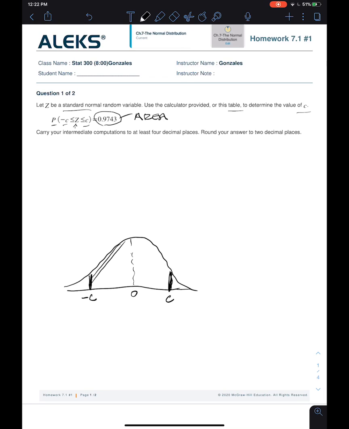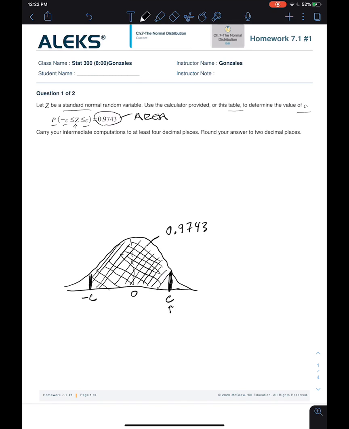And we're looking for when the probability, which is the area, equals 0.9743. And so we already know the answer. The area is 0.9743, but we want to know the c value.